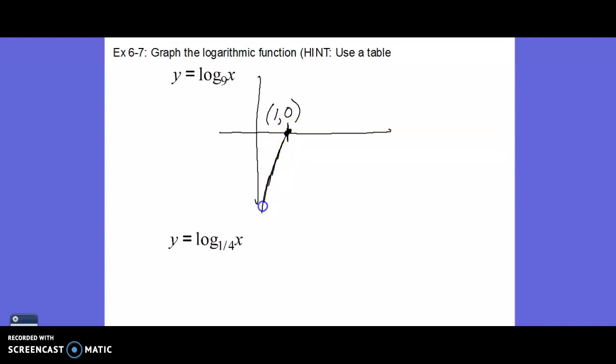And again, I'm not trying to just rush through this, but it's the inverse of exponential. So it almost looks like an exponential function, except it's reflected over that line y equals x. So it's an exponential function, b to the x, reflected.